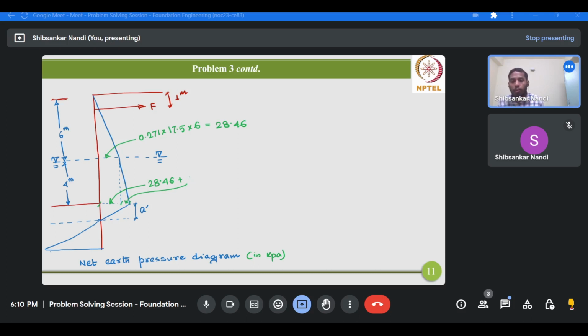So this value would be 0.271 multiplied by 7.5 multiplied by 4, so 8.13. So 28.46 plus 8.13. Therefore the total active earth pressure at the dredge level from the right hand side is 36.59.